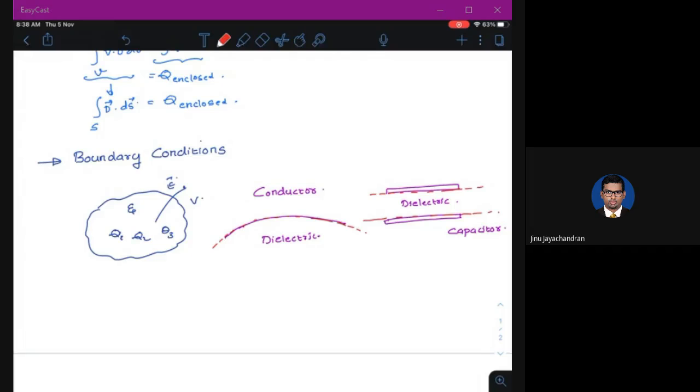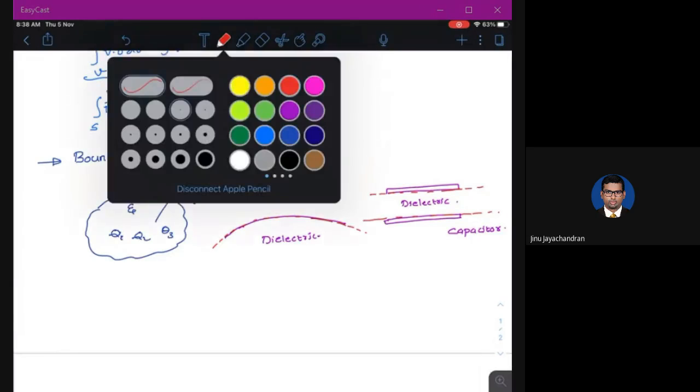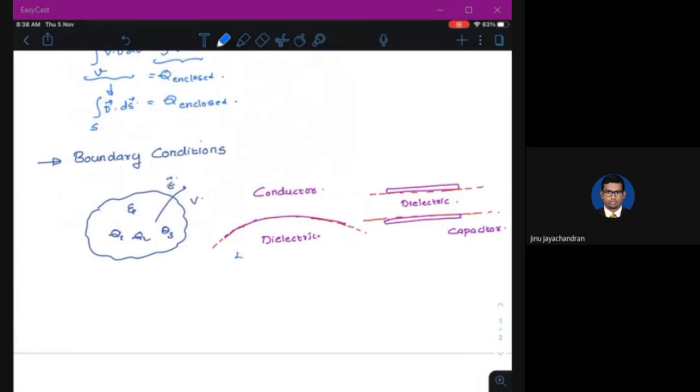Now, because of this boundary, whatever the electric field, the potential, or the electric flux density, whatever is there in one side of the medium, it will change when you cross the medium. For example, if I say the electric field E1 is here, it has permittivity epsilon 1, and it has some electric flux density D1.